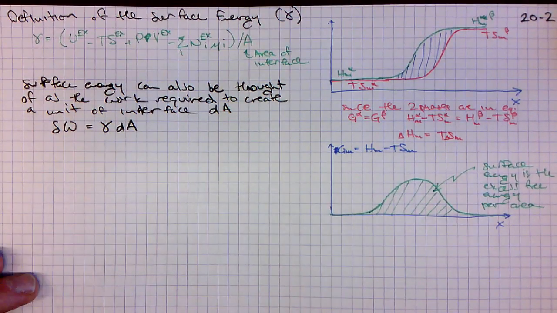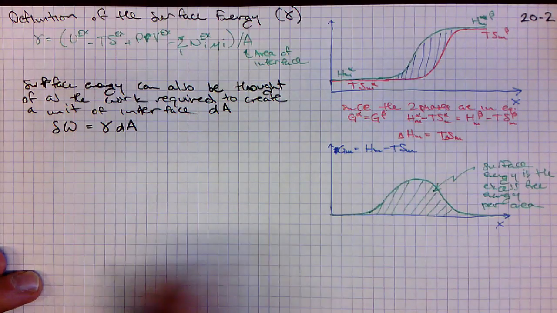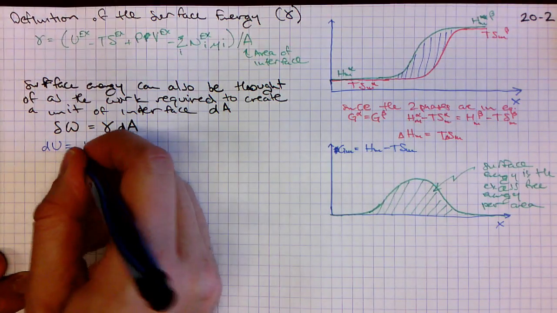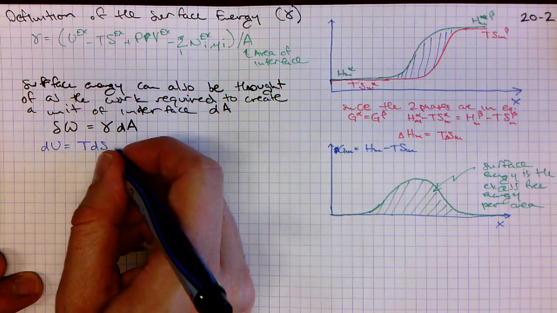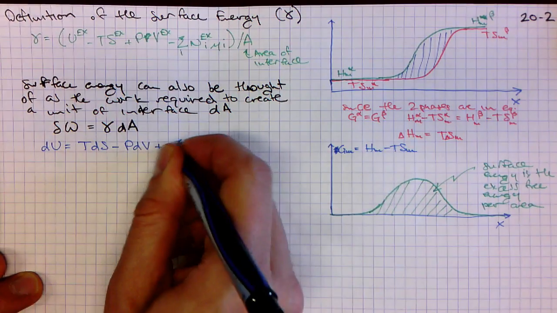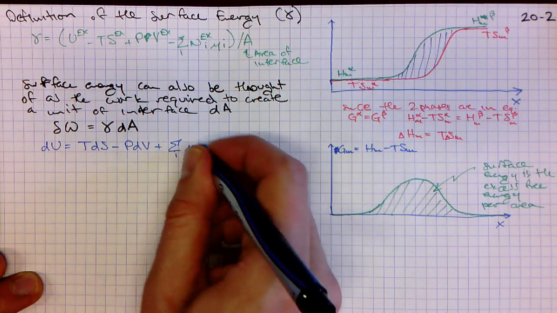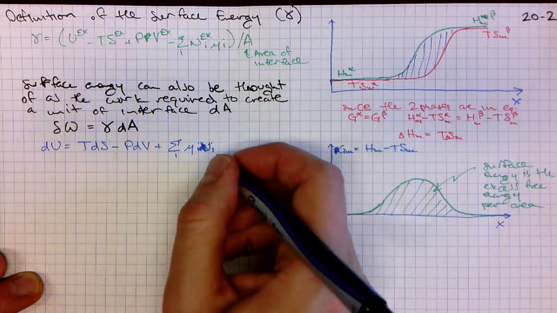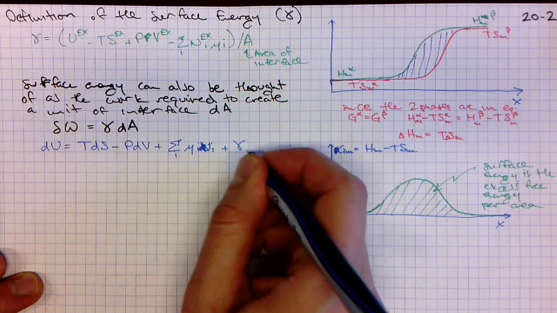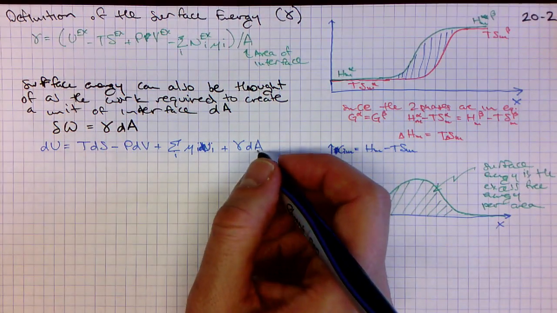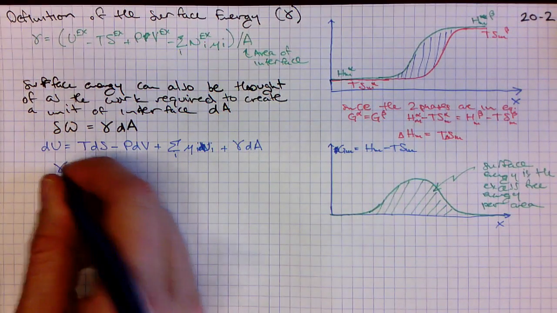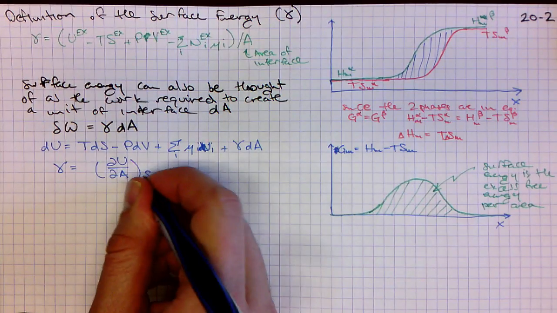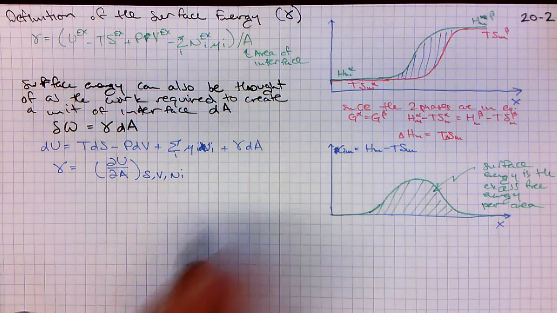And in that context, we can write down an expression for the change in the energy of the system, the differential of the energy, which would be related to T dS minus P dV plus the sum over i of mu i dNi, plus an extra contribution that's coming from the interfaces, gamma times dA. And then in this context, gamma by definition is the partial derivative of U with respect to A when we hold the entropy, the volume, and the number of species fixed.